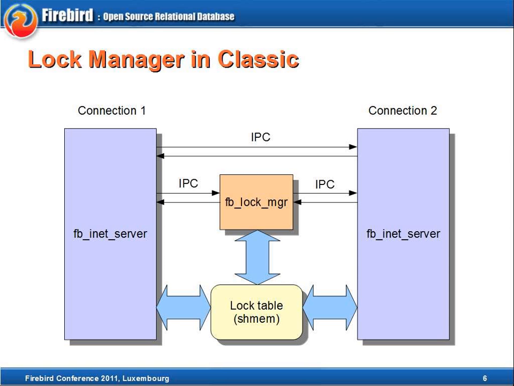Now you log into the console with root access and start GBAK to back up your database. In Classic, in Linux, GBAK will load the embedded engine of the server and will be accessing the database directly through this embedded engine. It will not work through TCP.